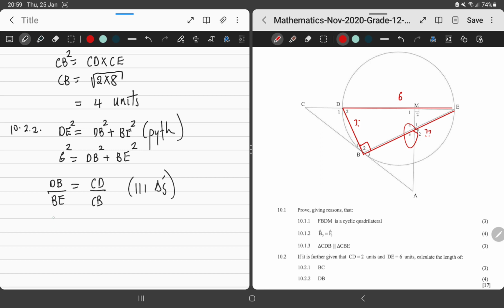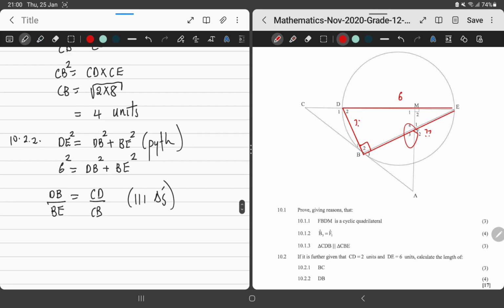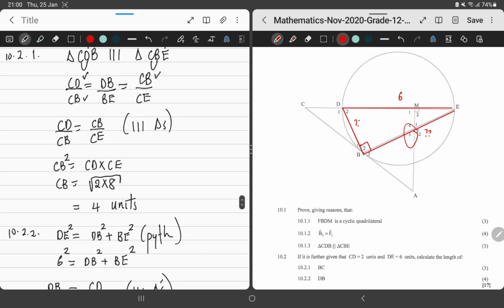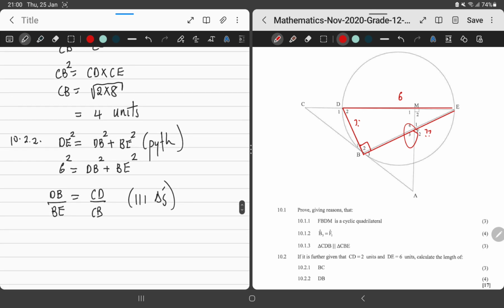DB, that's what I'm looking for. DB over BE, that's what I'm searching for.